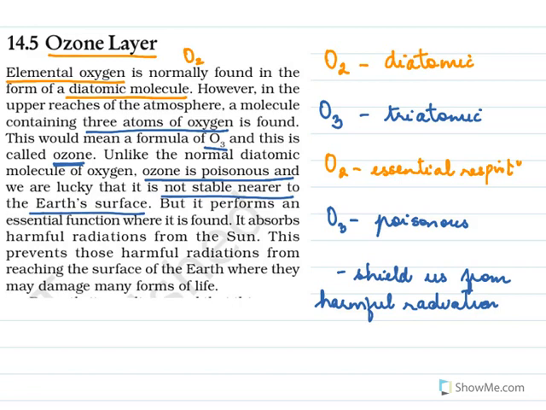So remember, ozone is a poison. But it performs a very essential function. It absorbs the harmful radiation from the sun. This prevents the harmful radiation from reaching the surface of the Earth, where it may damage many life forms.